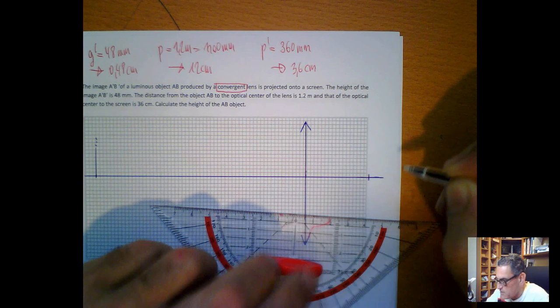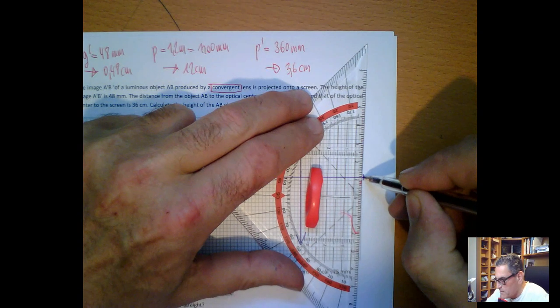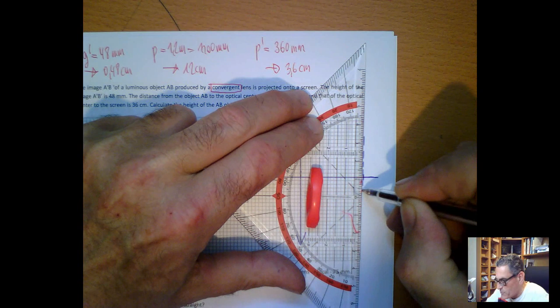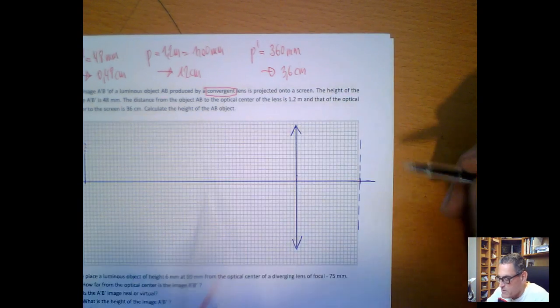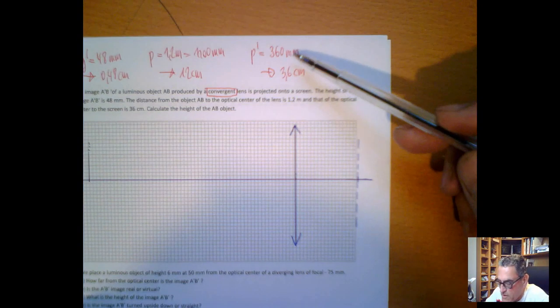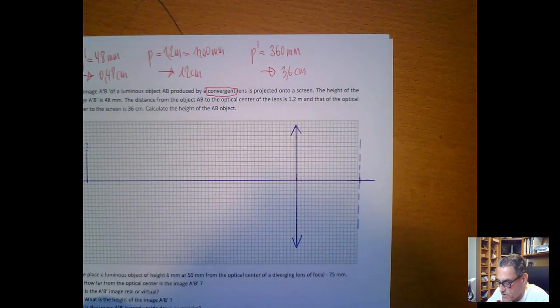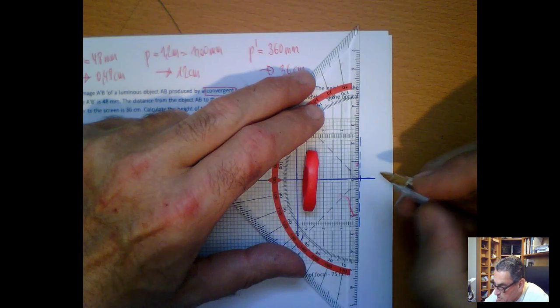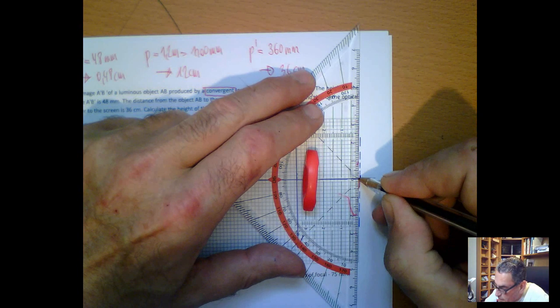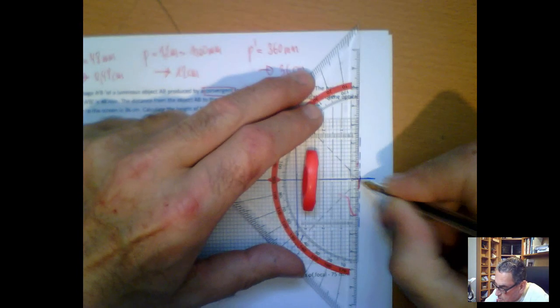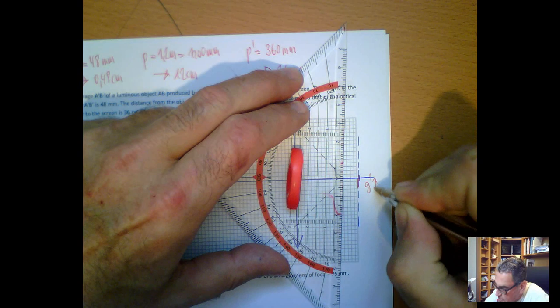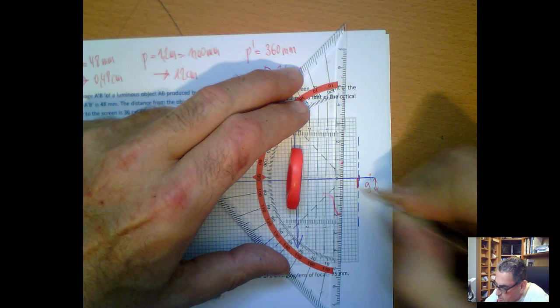So here we have our screen, and on the screen we know that the image has a height of 0.48 centimeters. It's not going to be very precise, but let's do it. 0.48 arrives here. At this height, the height here is G prime.